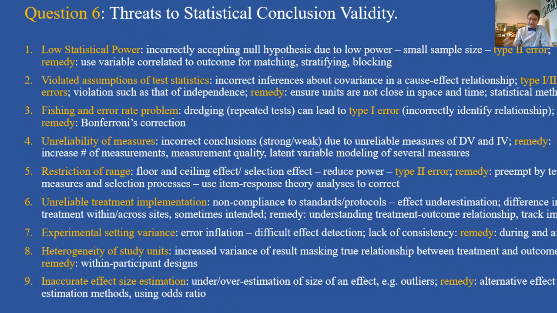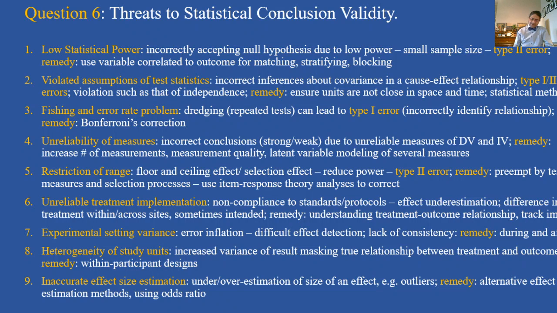Sometimes it is aimed for, but when it is not desired, the solution can be to understand first how different components of a treatment affect the outcome and improve monitoring and implementation, improving the implementation of that particular treatment execution.